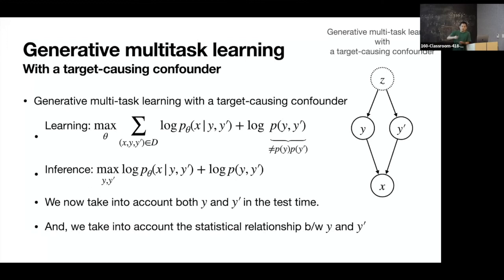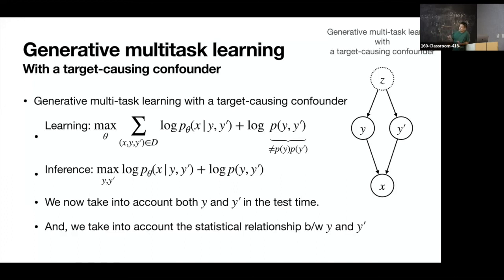And this connects to your point, that now y and y prime are not independent of each other, even a priori. Even if we think about the prior distribution, they are not independent of each other. And because it's a generative setup, even if we observe x, due to the so-called explaining away effect, y and y prime are not independent of each other.